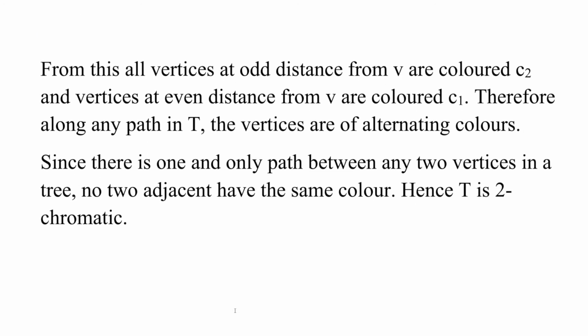From this, all vertices at odd distance from V are colored C2 and vertices at even distance from V are colored C1. Therefore, along any path in T, the vertices are of alternating colors. Since there is one and only one path between any two vertices in a tree, no two adjacent vertices have the same color. Hence, T is 2 chromatic.